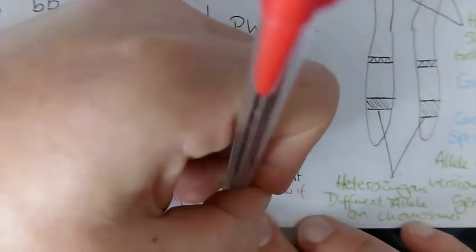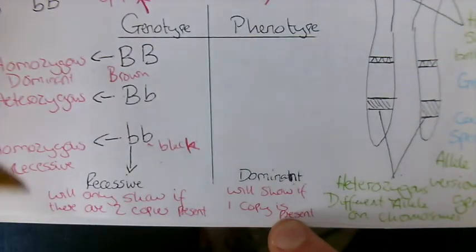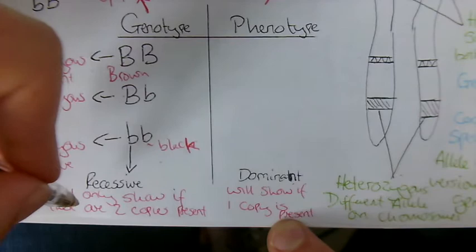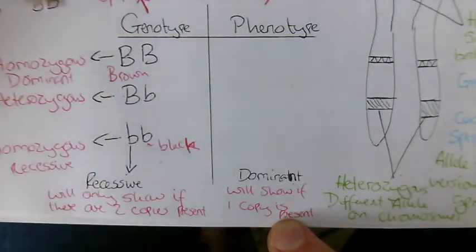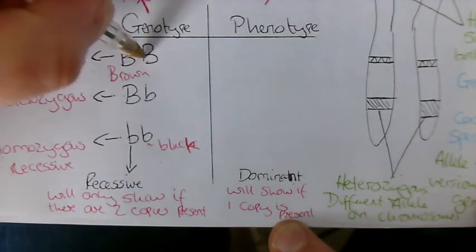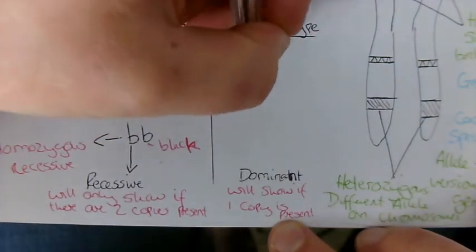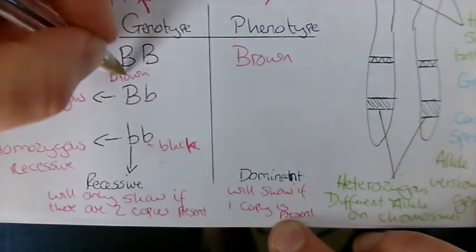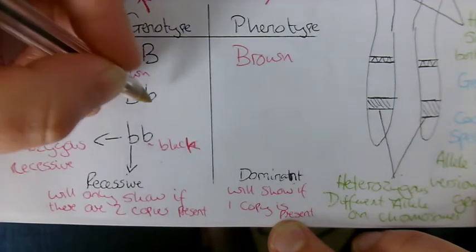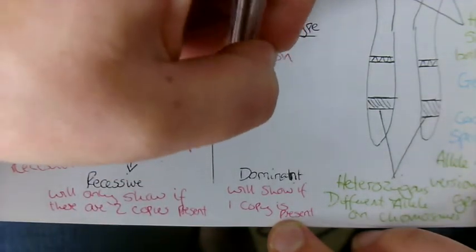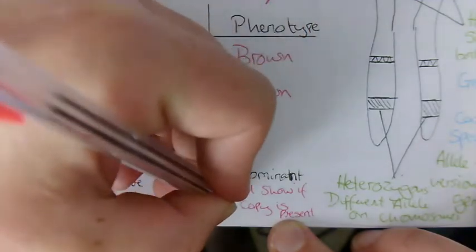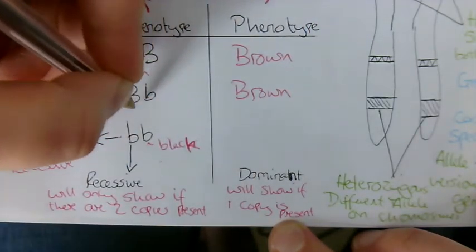Dominant will show if one copy is present. So what that means is this dominant one will always overshadow the recessive if one of them is there. So this big B is going to show brown. Okay, so that big B was for brown. Big B, little b is also going to be brown because we've got one copy, so it overshadows that black.